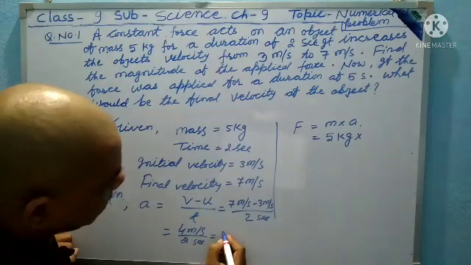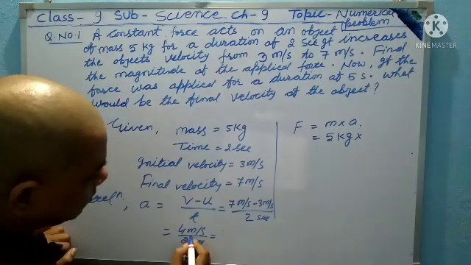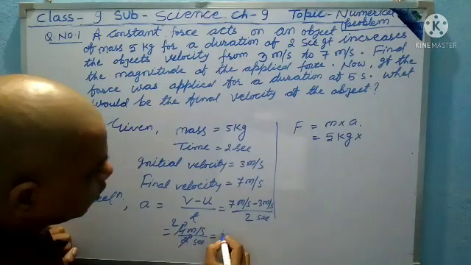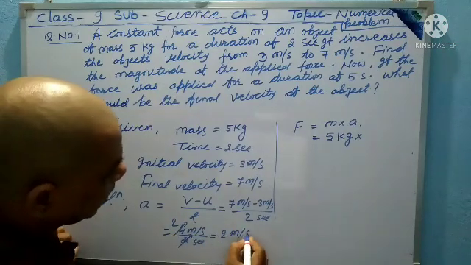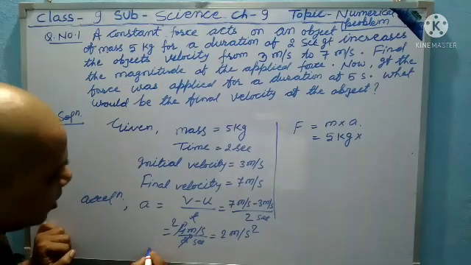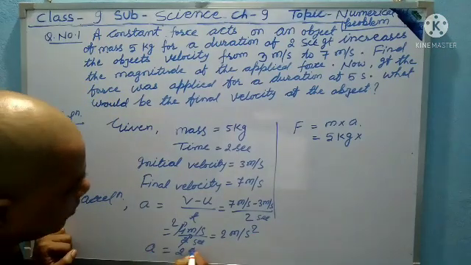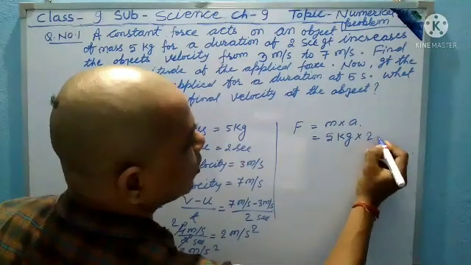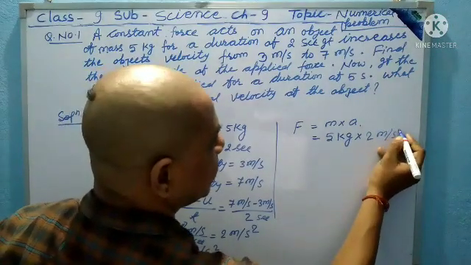So, that acceleration is cancelled out, 2. So, 2 meter per second square. So, acceleration is equal to 2 meter per second square. So, force is equal to 5 kg into 2 meter per second square.